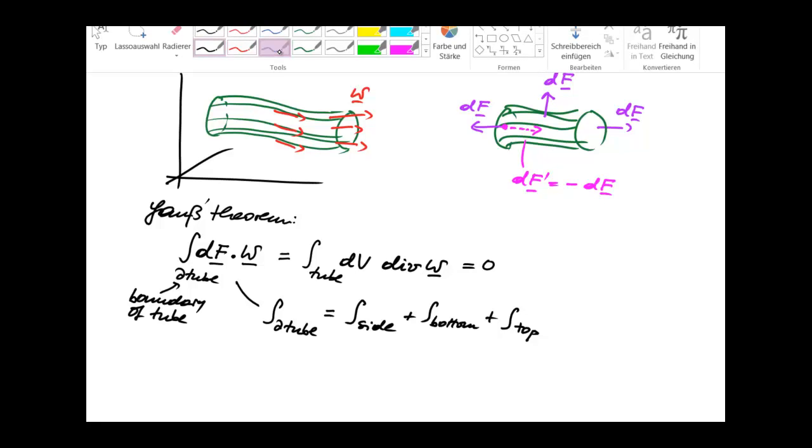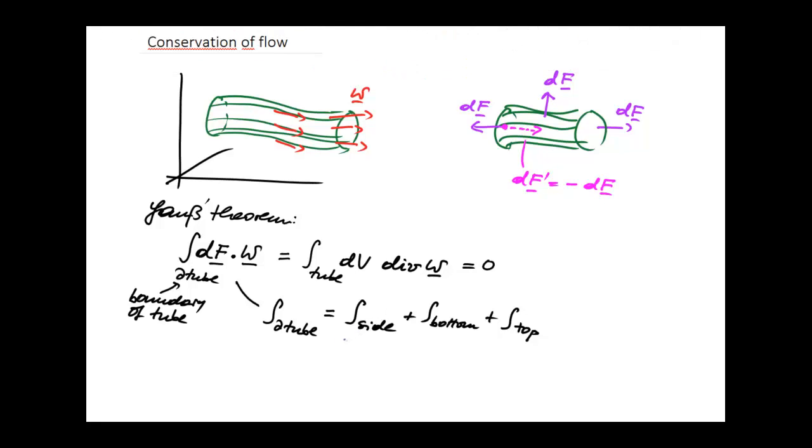So this one here does not contribute because W is tangent to the side, and therefore there's no flux through the side, and the scalar product is equal to 0.